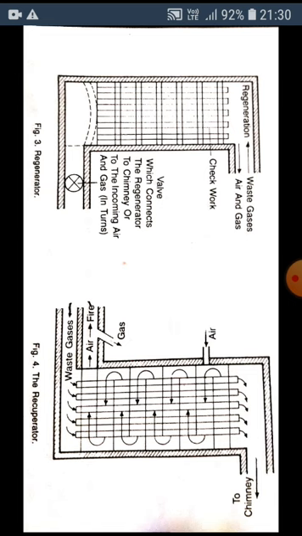The waste gases from the flame, after giving their heat in the furnace for melting glass, go down through one set of regenerators, which are chambers stacked with open brickwork or checkwork. The heat of the waste gases is used in heating the checkwork to a temperature ranging from 650 degrees centigrade on the exit side to about 1400 degrees centigrade near the furnace.